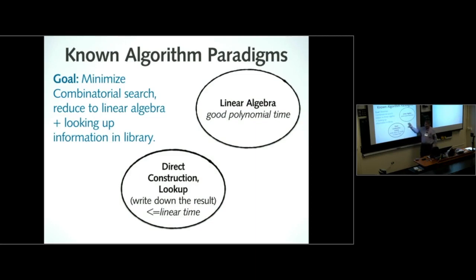Can we use the fact that for simple groups we have a lot of theoretical information? Can we use that information to say, well, we can just assume the problem has been solved already, and we can look it up and just write down the result instead of doing hard work?